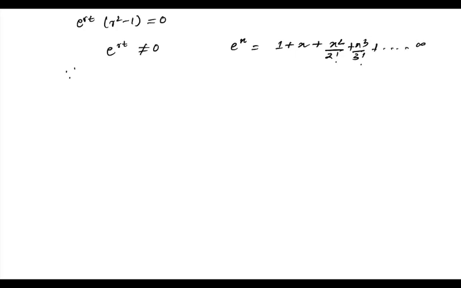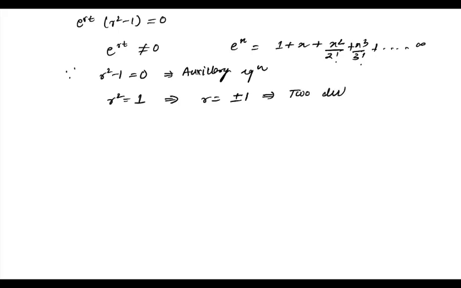Therefore r square minus 1 is equal to 0, and this is called the auxiliary equation, whose solution will give the roots for the differential equation. So r square is equal to 1, therefore r is plus minus 1. So we've got two distinct and real roots.